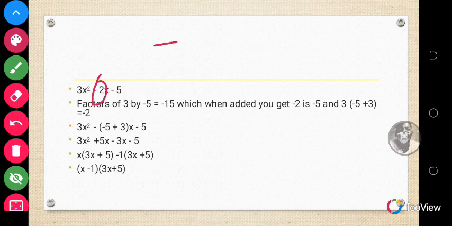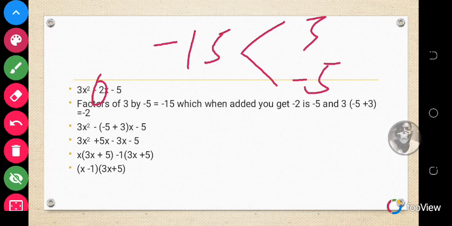So, factors of negative 15: 3 times 5 is 15. In order to get negative 2, the higher number should be a negative. So negative 5 times 3 gives negative 15, and when you add them, you get negative 2. Negative 5 plus 3 is negative 2.